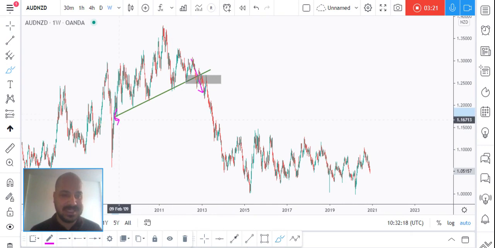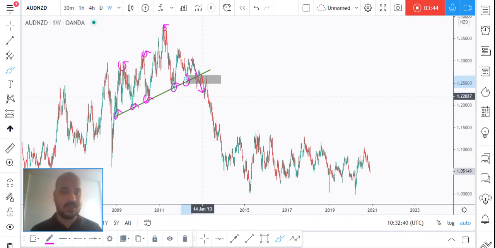So price was making higher lows and higher highs, higher lows, higher highs. As long as price doesn't break below the last low, what I call the last swing standing, just like war, it's the last swing standing on the trend line.